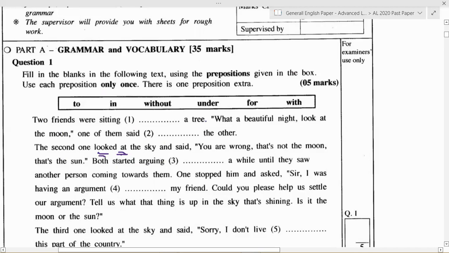If there was a blank here, you should have it somewhere here. Unfortunately, at is not here because you're not required to do that. The sky and said, you are wrong. That's not the moon. That's the sun.